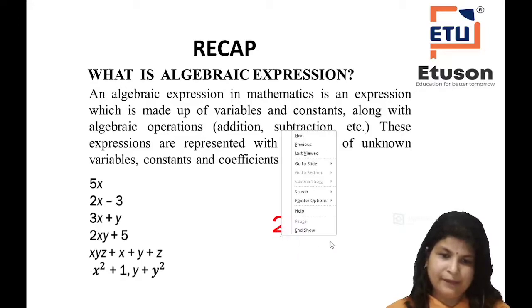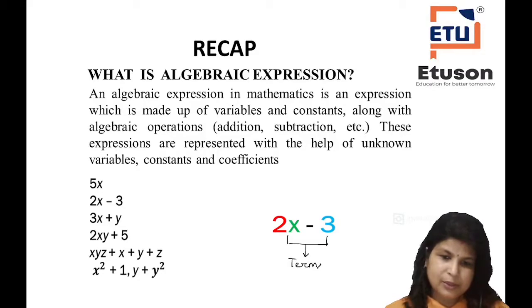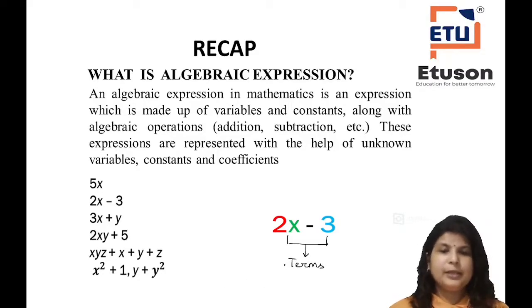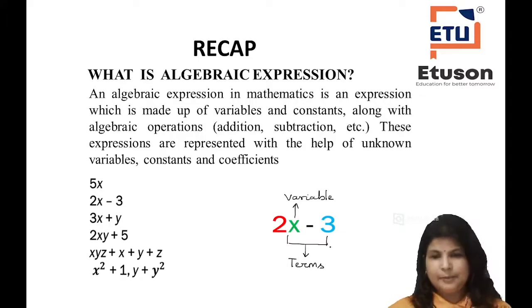So I will write that 2x and 3 are nothing but terms of the algebraic expression. What is x here? x is the variable.